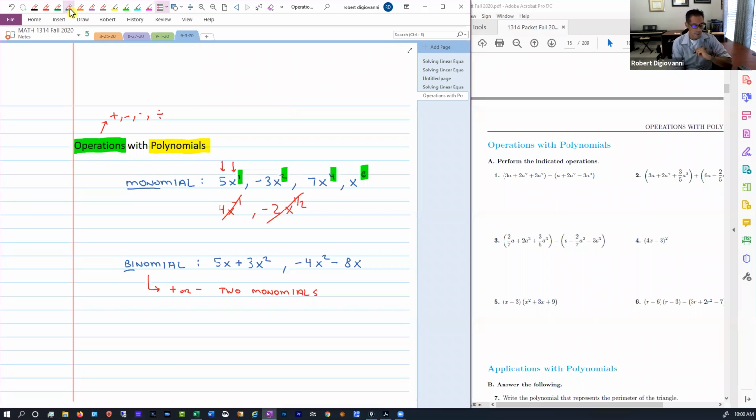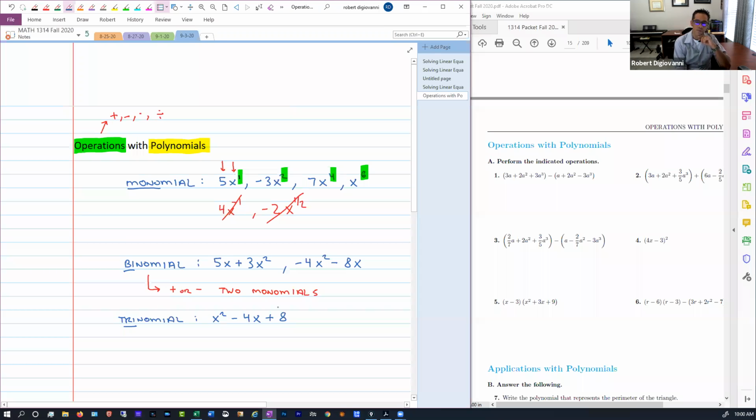And then we can move on to trinomial. Tri here means 3. So this would be adding or subtracting 3 monomials together. You could have something like x squared minus 4x plus 8.